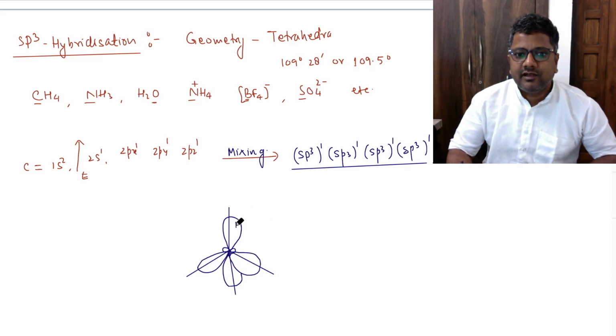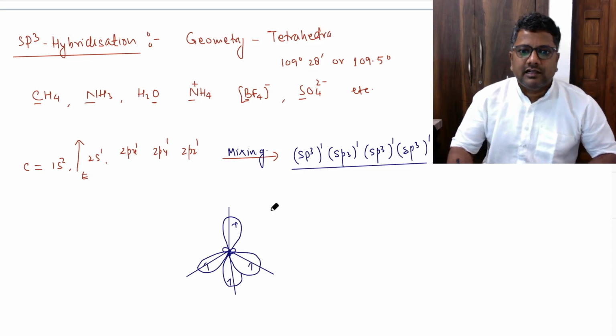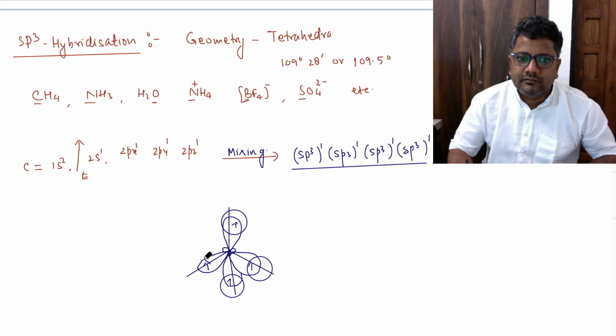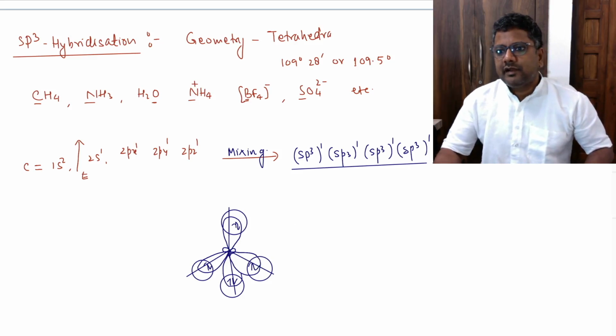Each has one electron, and hydrogen will overlap, which is non-directional, so no problem. Here two electrons. So which type of overlapping is this?